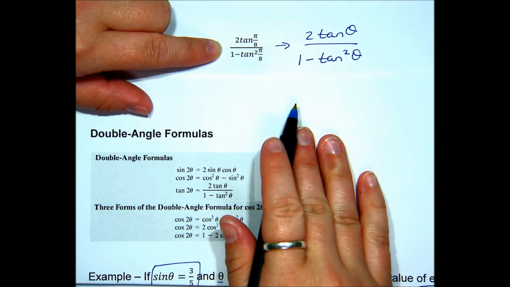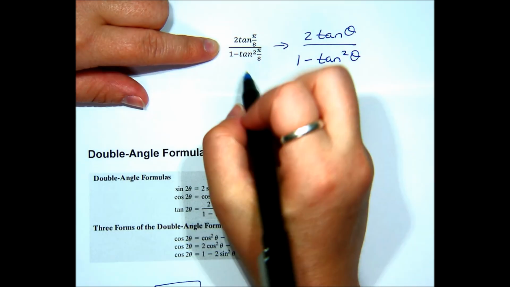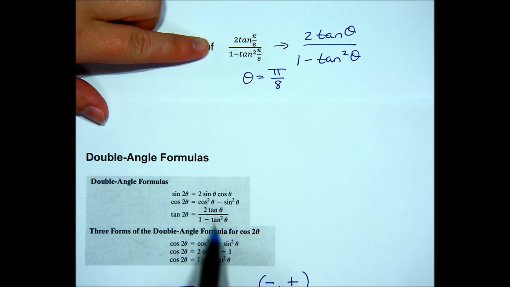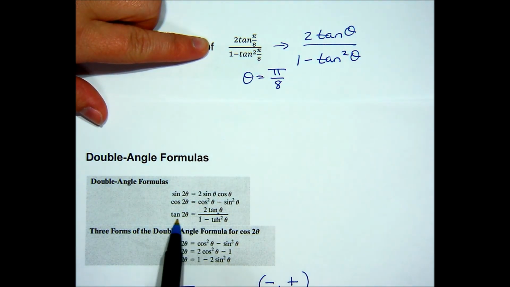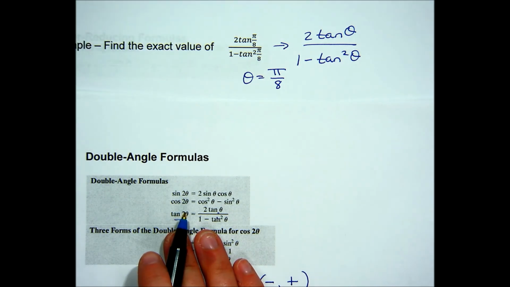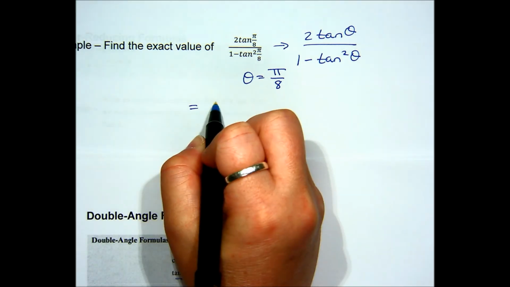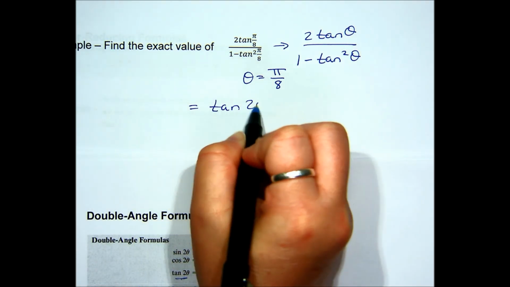Line this up. What must theta be? Well, it looks like theta is pi over 8. And this portion of the equation is equal to tangent of 2 theta.